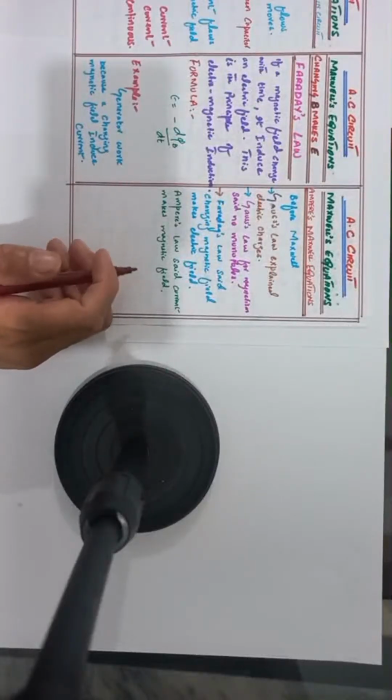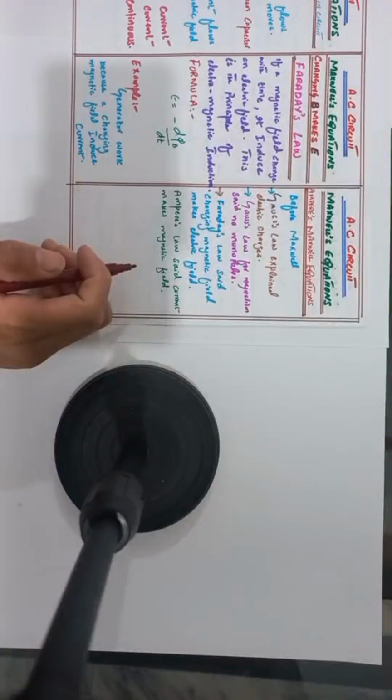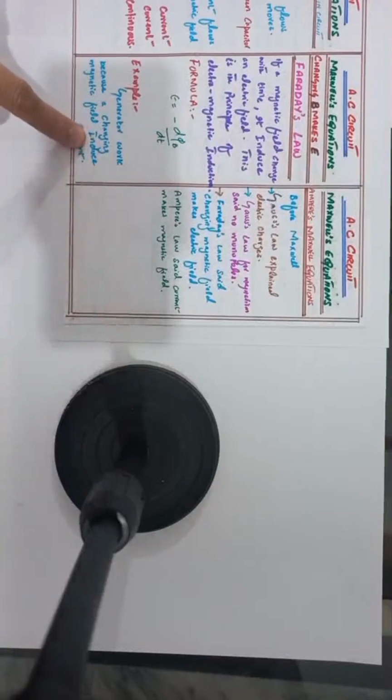It does not explain how current flows between the capacitor plates. That is explained by Maxwell by adding the displacement current to Ampere's law.